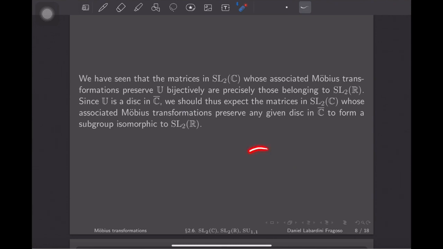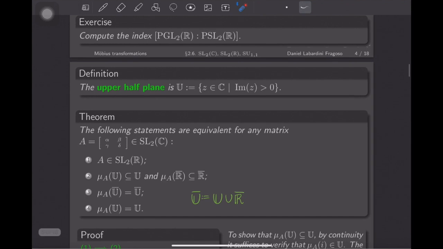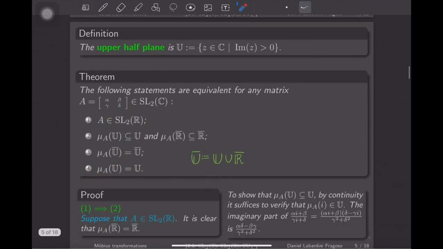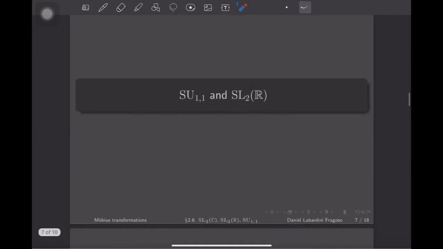And I'm going to compute that subgroup, the group of matrices whose Möbius transformation preserves the unit disk bijectively, explicitly, just as I did before. The subgroup of A's with this property is precisely this concrete group. I'm going to do the same, but now for the disk. Why?